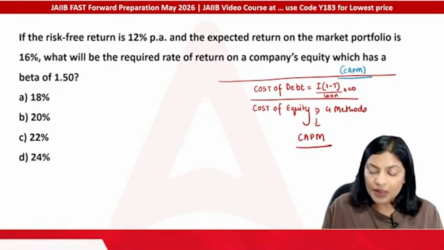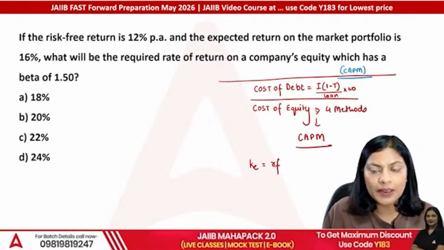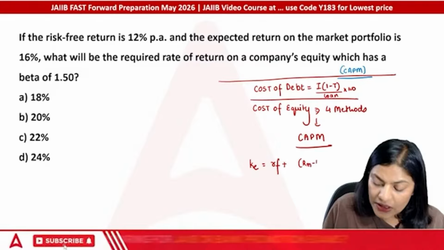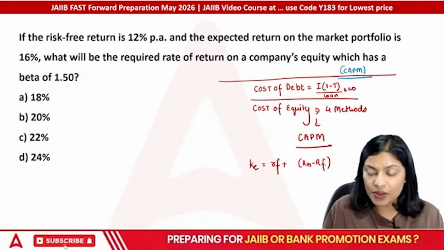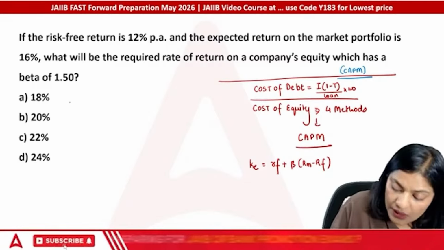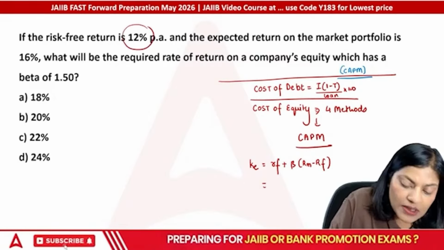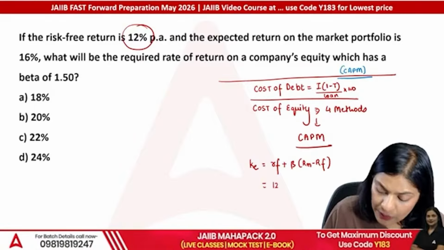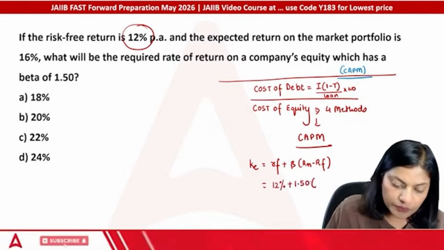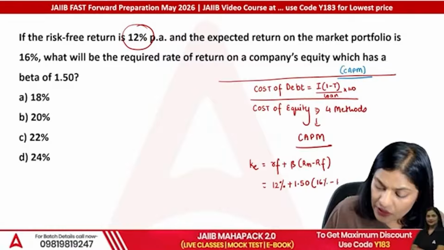The model says that the cost of equity will be the risk-free rate that is there in the market, correct? Then the additional return we should get for taking additional risk, into volatility. What is beta? Beta is volatility, correct? Now, the risk-free rate of interest is 12%. Beta is 1.50. RM is given as 16% minus RF, which is 12%.